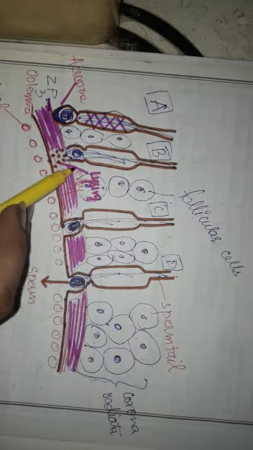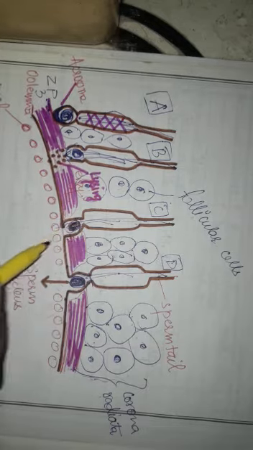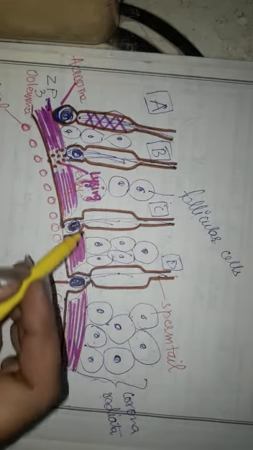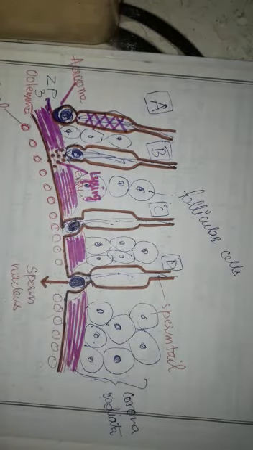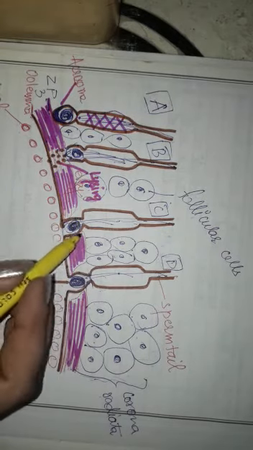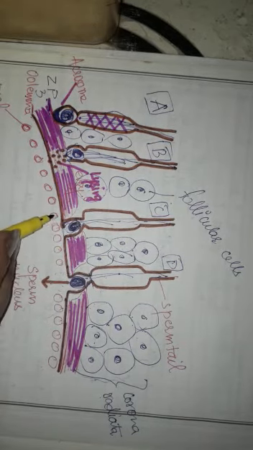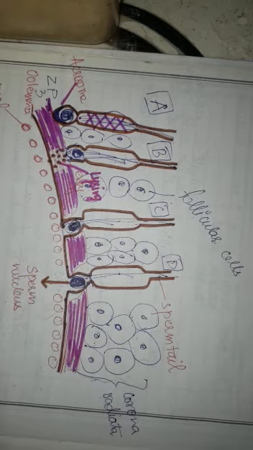By the dissolution of this zona pellucida, in the next step, the plasma membrane of the sperm fuses with the plasma membrane of the egg, and this binding leads to depolarization of the egg membrane.